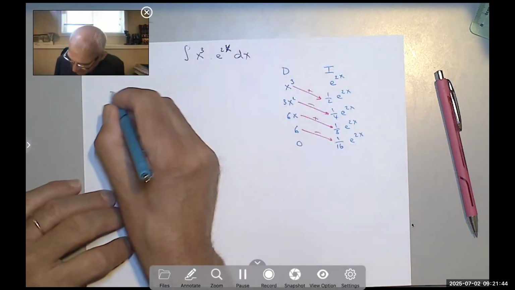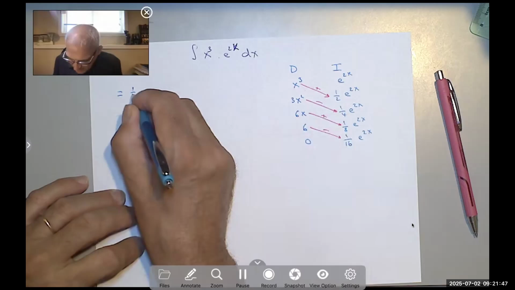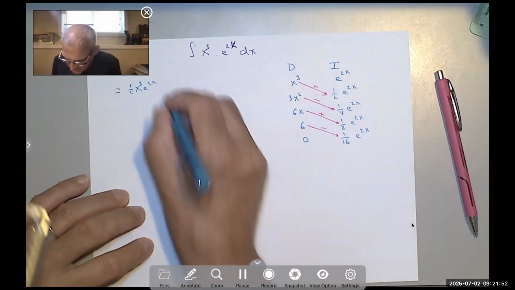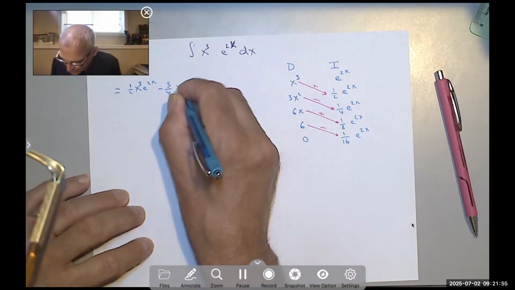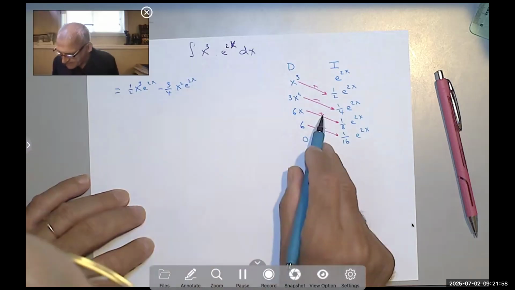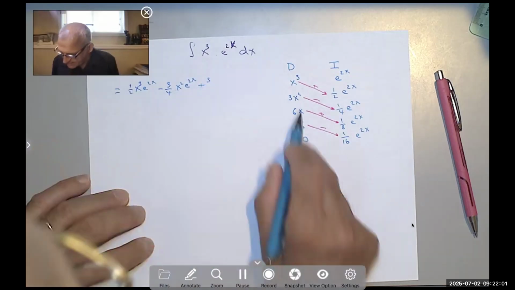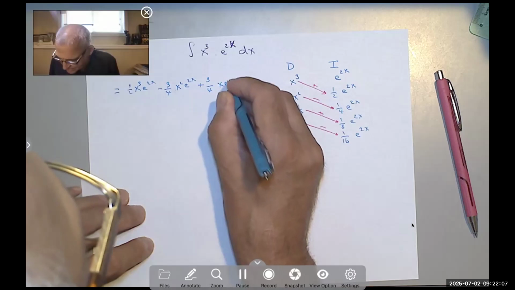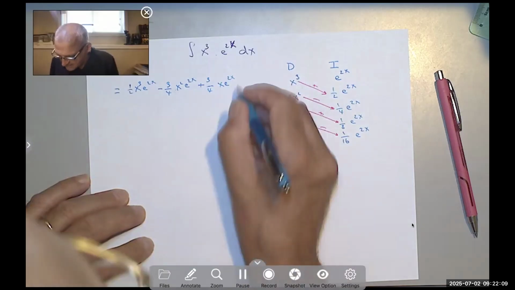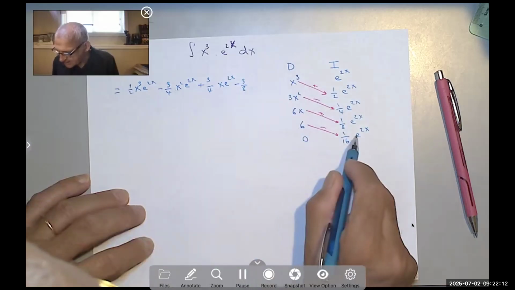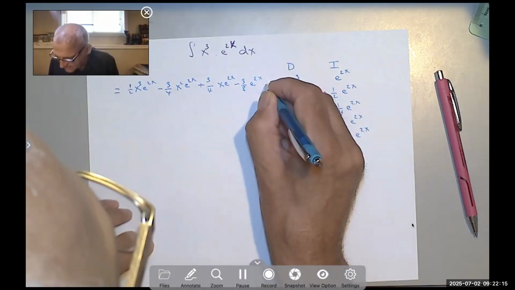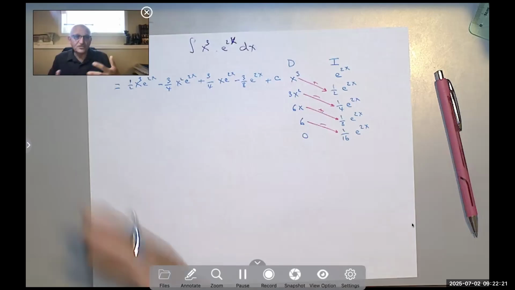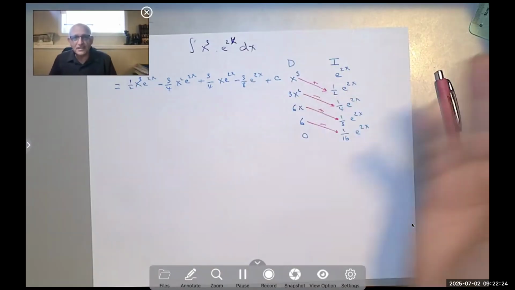So that integral becomes 1/2 x³ e to the 2x minus 3/4 x² e to the 2x plus, again, 3/4, 6/8 is the same as 3/4, x e to the 2x minus 3/8 e to the 2x plus a constant. Wow, it took less than a minute. If I don't talk, I don't explain, you just do it, it won't take a minute.